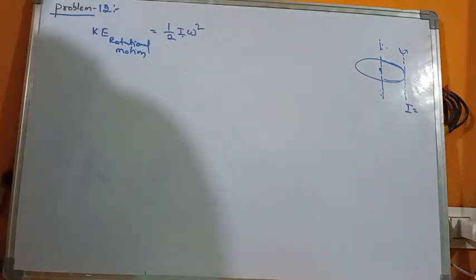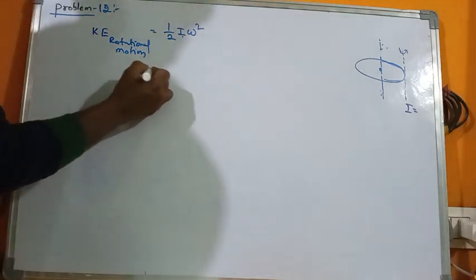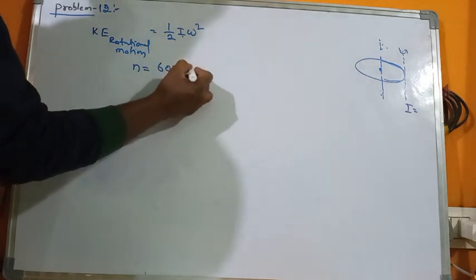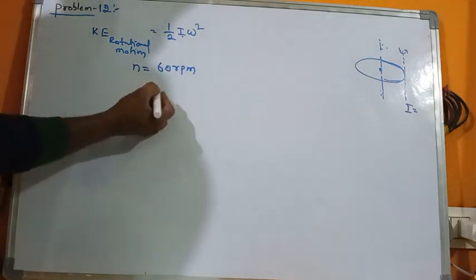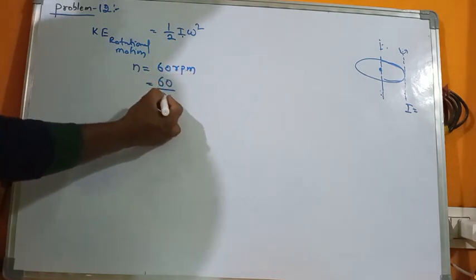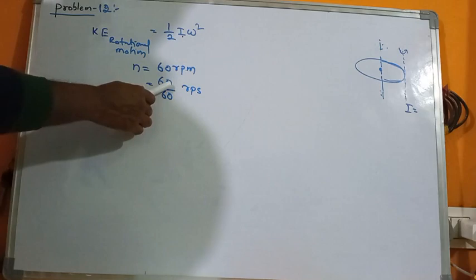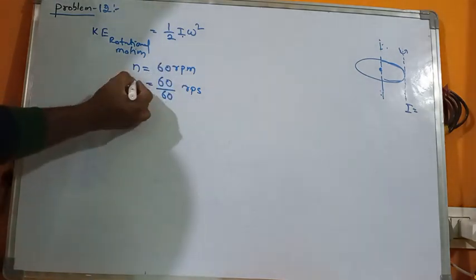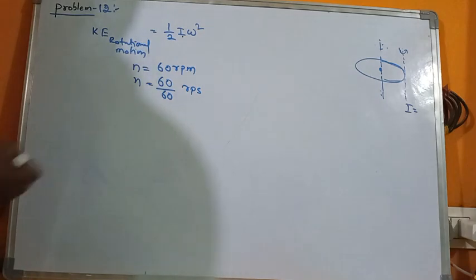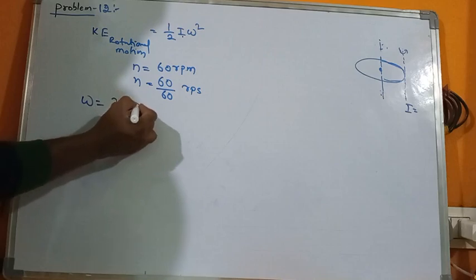Omega is already given indirectly, as it is rotating with a speed of 60 rpm. 60 rpm is 60 rotations per minute, that is 60 by 60 rotations per second, so n is 1 rps. Omega is the angular velocity, equal to 2 pi into n.